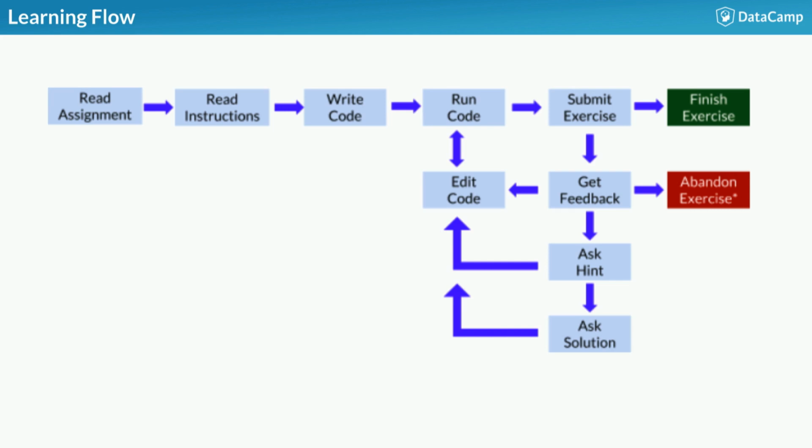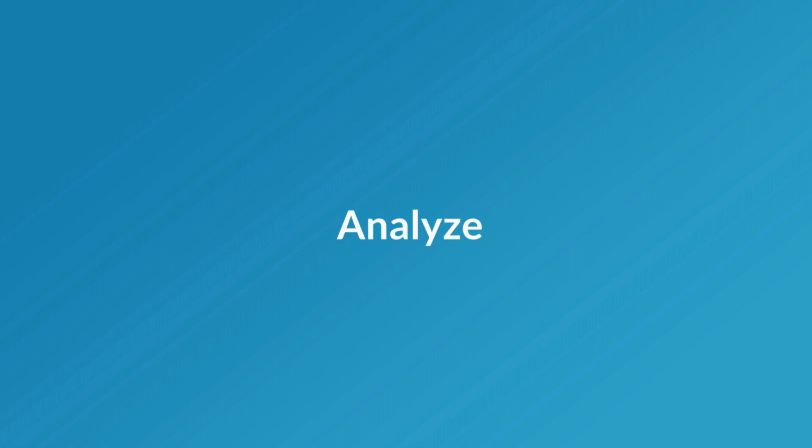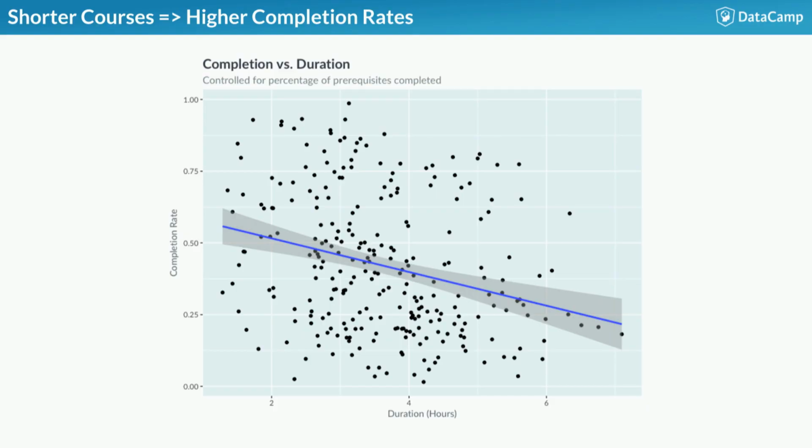If they're too frustrated, if they really don't get it, they'll abandon the exercise. So one of the things we really look for is how can we make sure the completion of each exercise is as high as possible. And our head of product research has done some interesting analysis on that, which they'll talk about now.